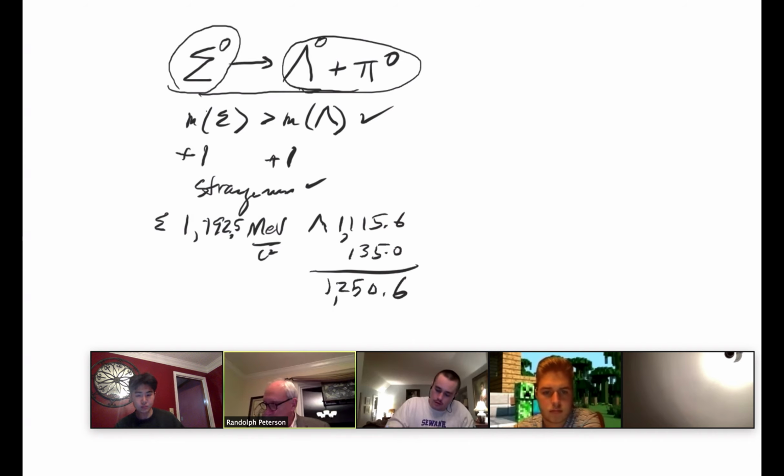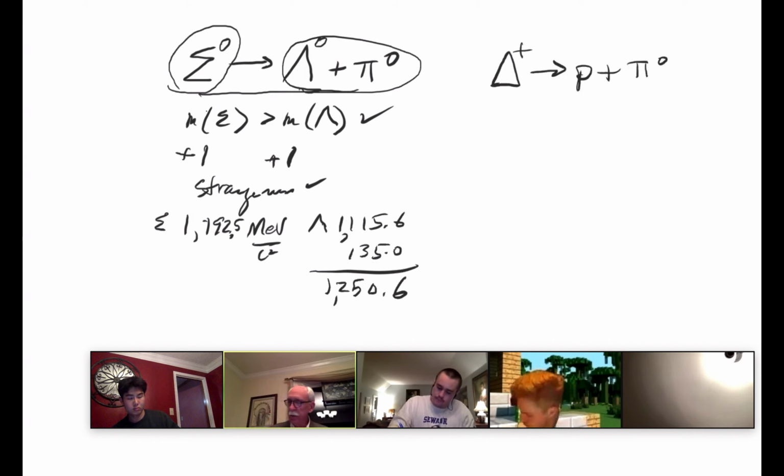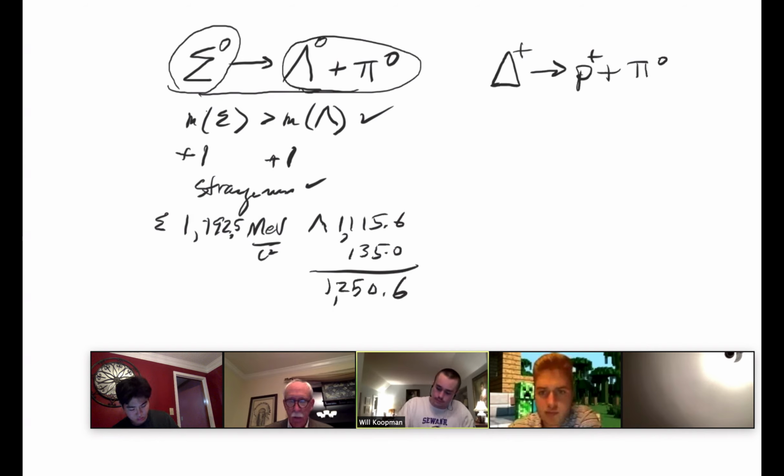Let's go to the next possibility. Here is a delta plus goes to a proton plus a neutral pion. Does charge conservation work? Yes. How about energy conservation, mass energy?